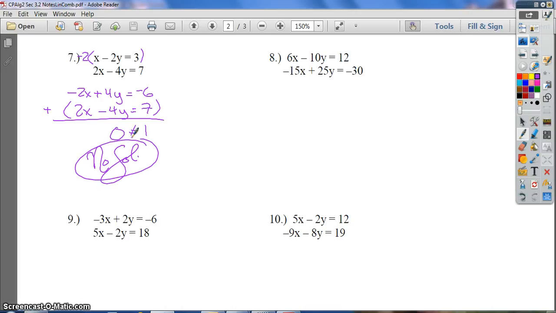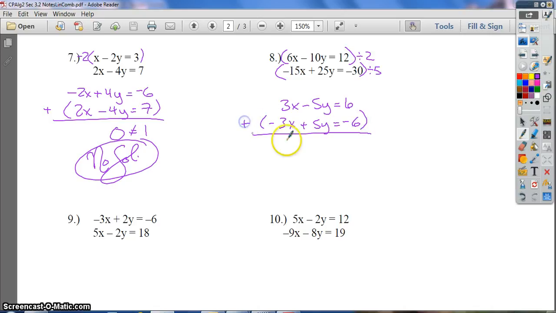Coming over here. Ooh, this is interesting. We can divide this by 2. It gives me 3. If I divide this by 5, it'll give me 3. So what I'm going to do is divide my top one by 2. I'm going to divide this one by 5. When I do that, this is going to give me 3x minus 5y equals 6. This one's going to give me negative 3x plus 5y equals negative 6.